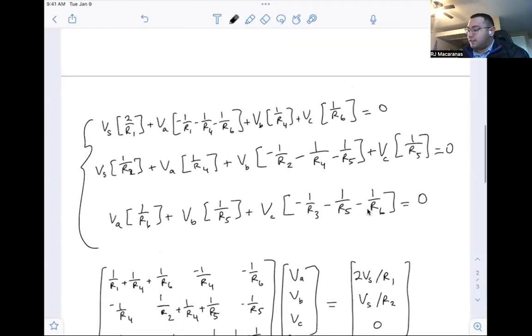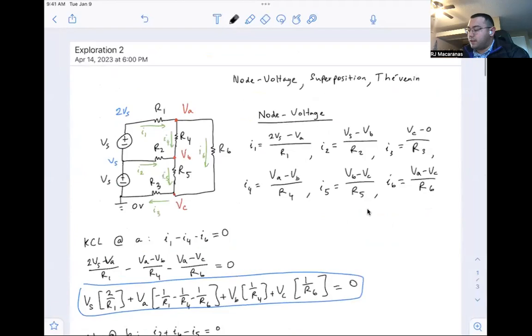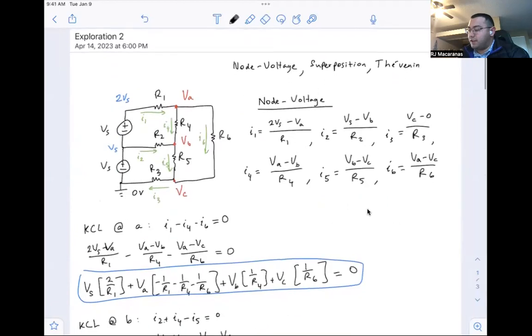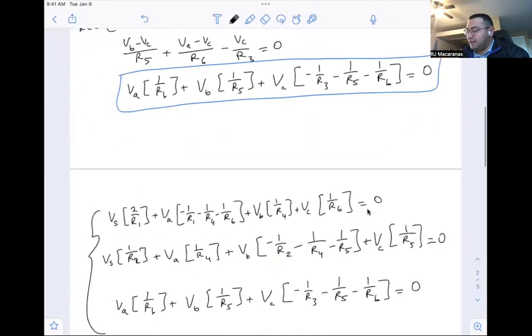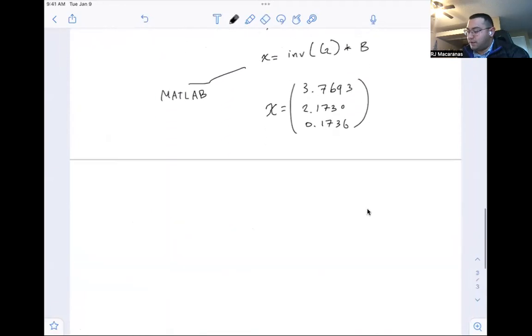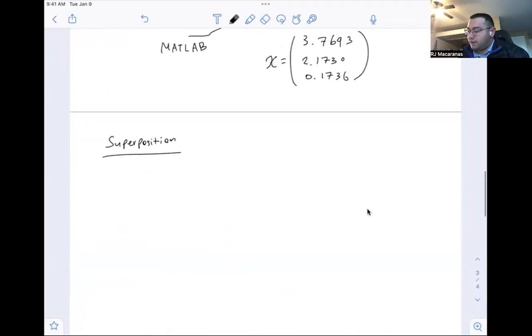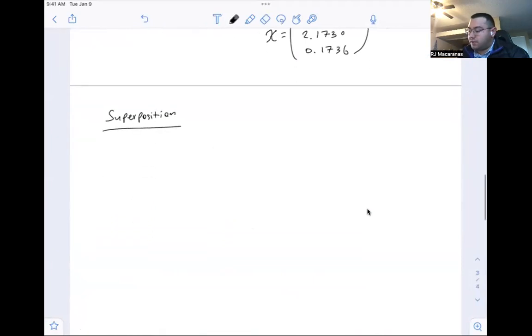And yeah, so that's the first problem for the exploration. And what you should find, right? So we then go into superposition, and what we should find by superposition, we look at the individual responses due to each source.